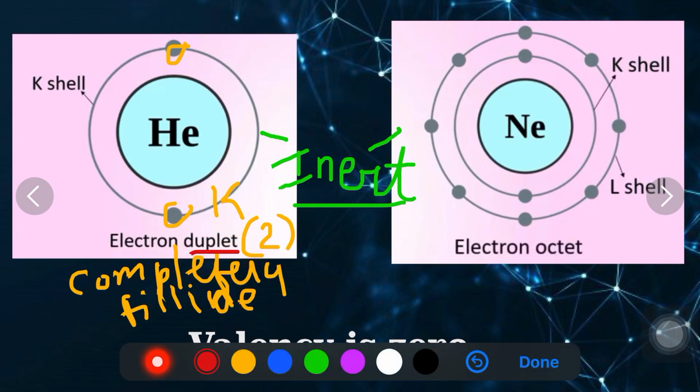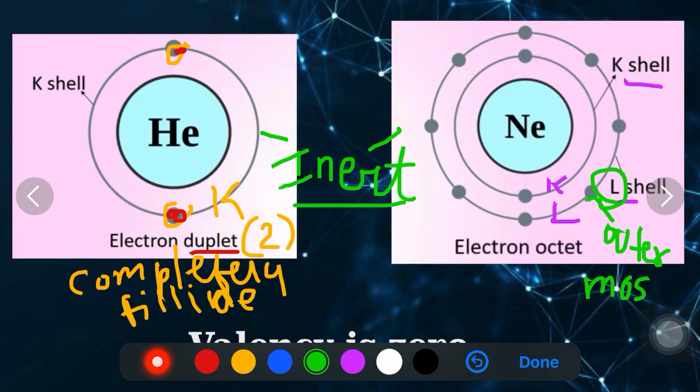The electronic configuration of the inert gas neon. Now just have a look at the neon atom. It contains 2 shells, K and L. L is the valence shell of neon. Why is L called the valence shell? Because it is the outermost shell. The electron capacity of the L shell, how much is it? 8 electrons.